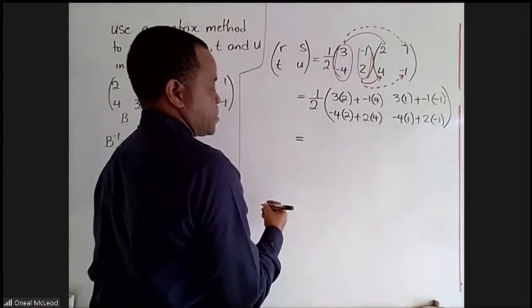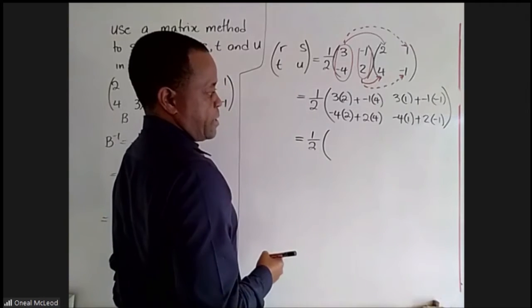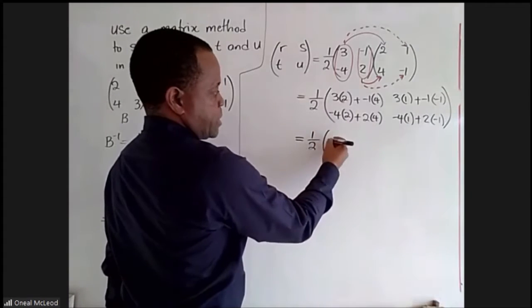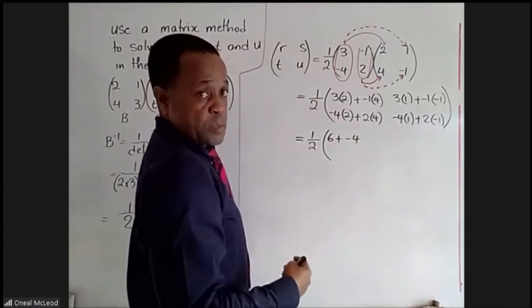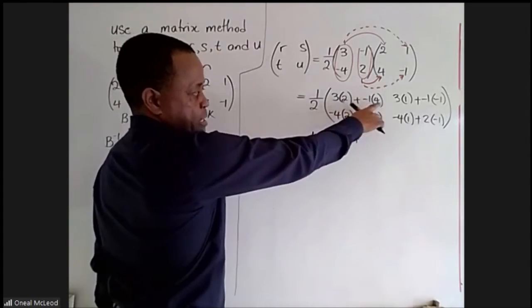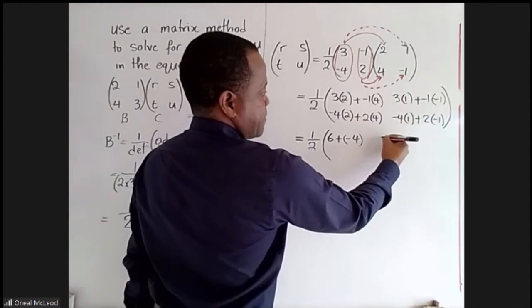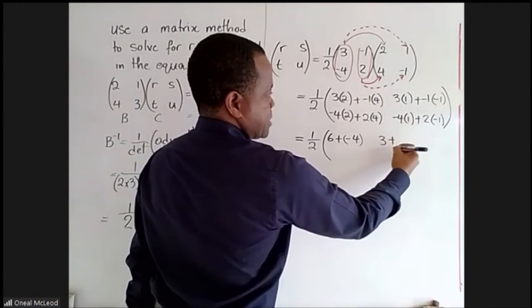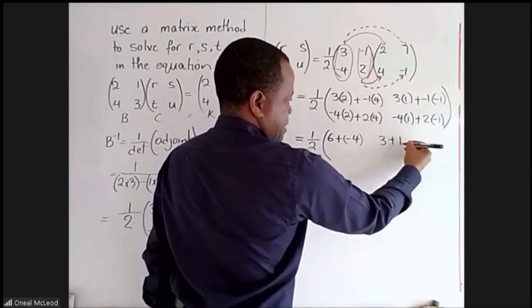So let's go now. We bring down the half just the same. Open my bracket. 3 times 2 will give me 6 plus negative 4. Then negative 1 times negative 1 is going to give us positive 1.